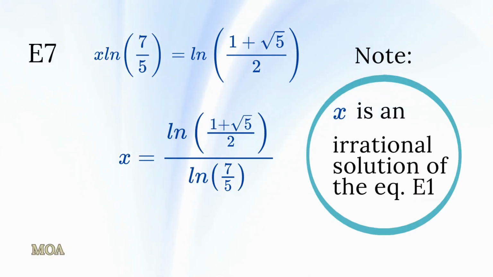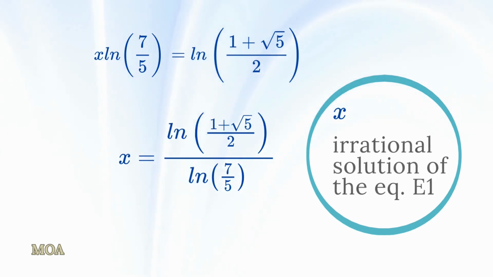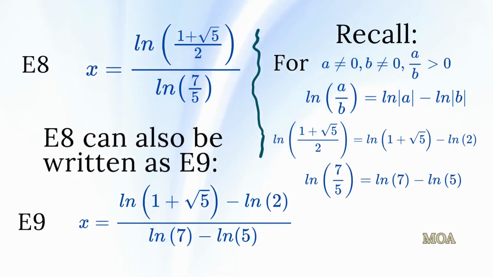This is also equal to ln((1 + √5)/2), as shown in equation E7. Since ln(7/5) is not 0, to find x, let us divide both sides of equation E7 by ln(7/5). This gives us the two equivalent equations, E8 and E9.